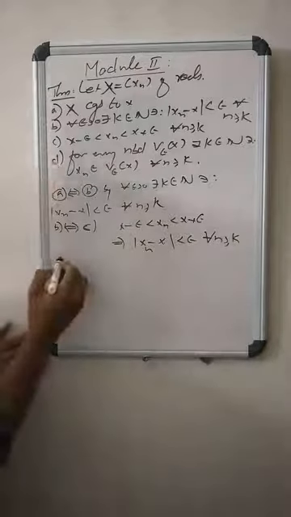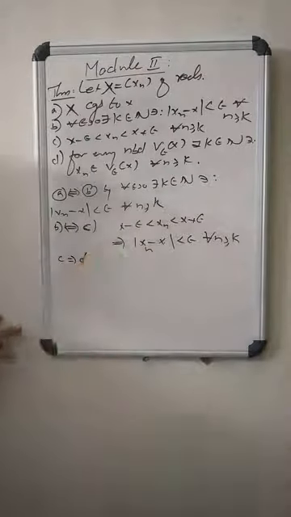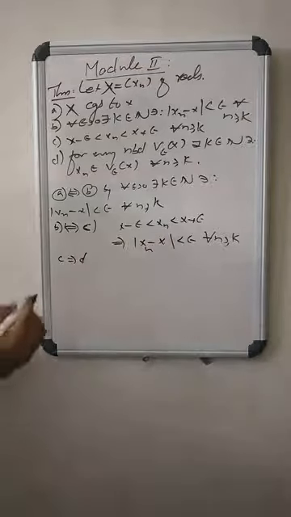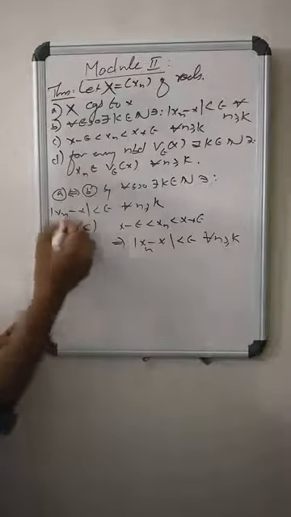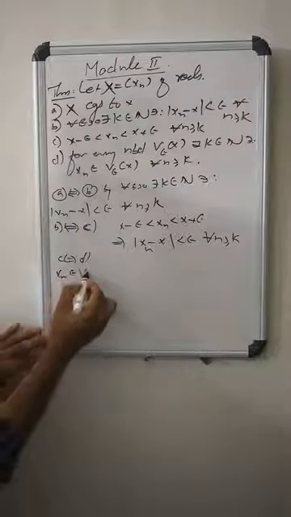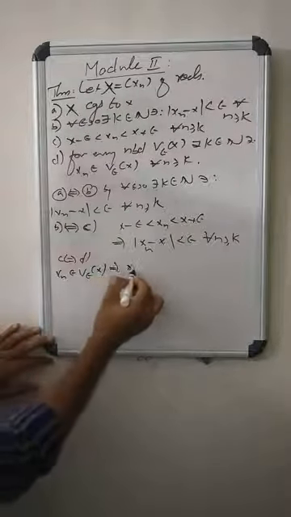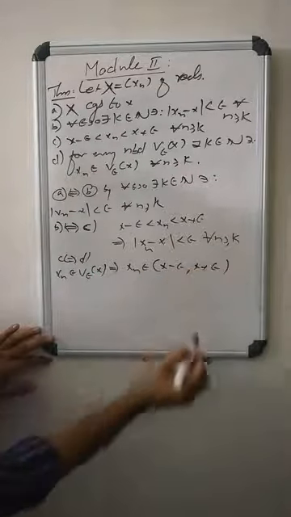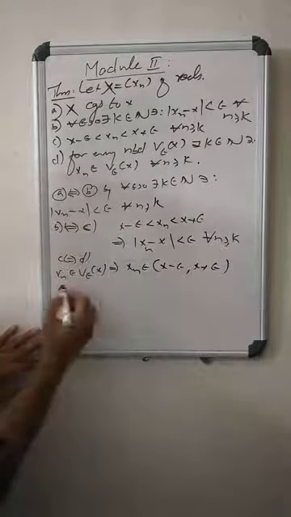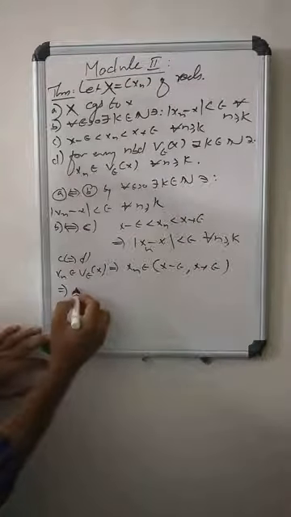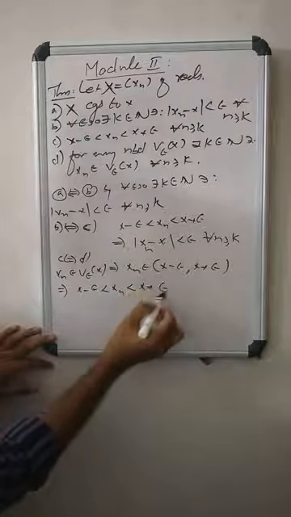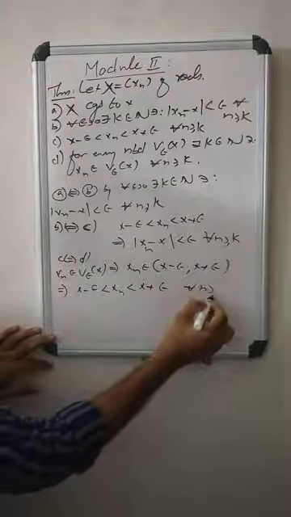So, C implies D, which we have already proved. When the sequence xn has a limit x, we already showed that xn falls in the epsilon neighborhood of x. Reversely, when xn falls in the epsilon neighborhood of x, it is present in the open interval (x minus epsilon, x plus epsilon). That means x minus epsilon is strictly less than xn, strictly less than x plus epsilon, for all n greater than or equal to k.